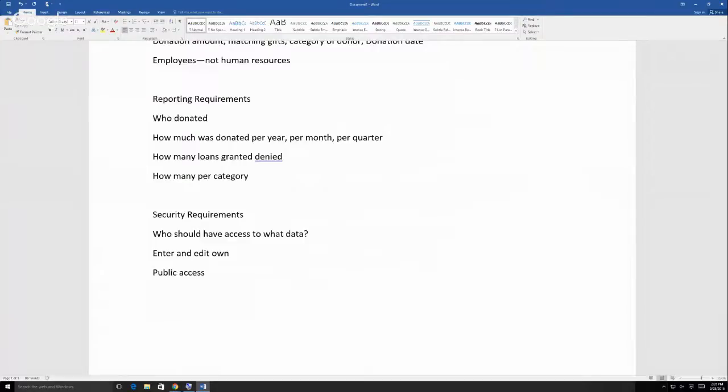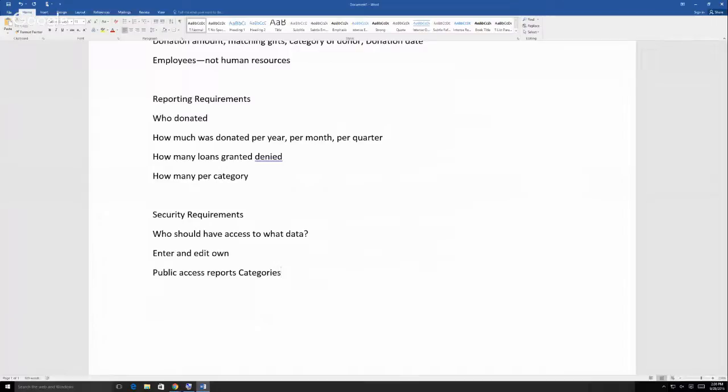You would want the public to go in and see, we have donated this much, we've helped this many people doing these things. All that kind of information is actually good public knowledge. So they should be able to access many of the reports. They probably won't be able to change or modify or enter anything unless they register as a donor or a client. They should be able to maybe see the categories of things that are available to donate.